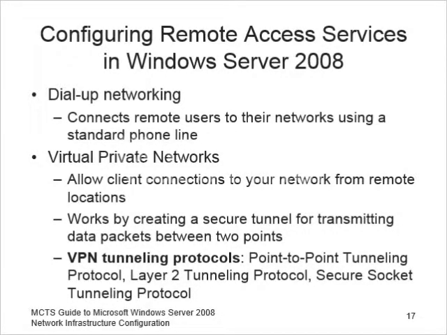When configuring the Routing and Remote Access server role, you can provide connectivity for remote access clients using one of the following technologies. As I said before, dial-up networking or virtual private network access. Dial-up networking creates a physical connection between a client and a remote access server using a dedicated device such as an analog or an ISDN modem.